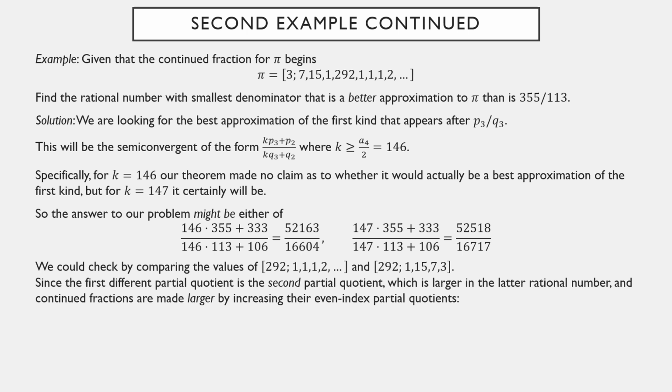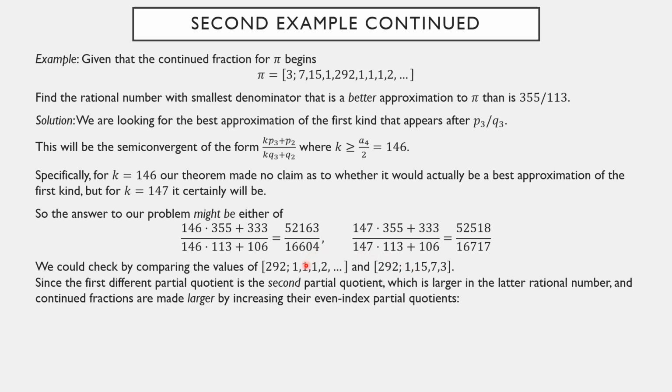Now we can actually check whether this semi-convergent is a best approximation of the first kind by comparing, starting with this cutoff index as your integer part and proceeding after that point and getting this irrational number. Is this less or is it not less than starting with this as your cutoff point and working backwards, 1, 15, 7, 3. So observe that these are the same. These are the same. And now I have a difference.